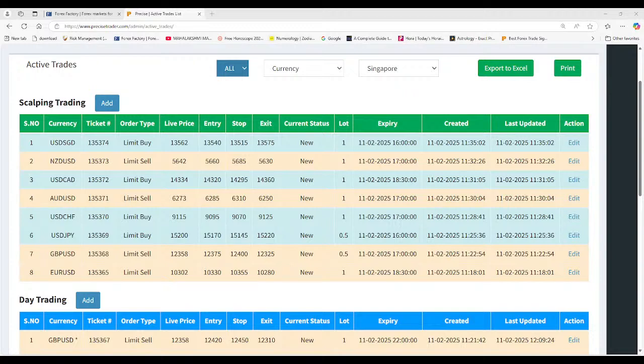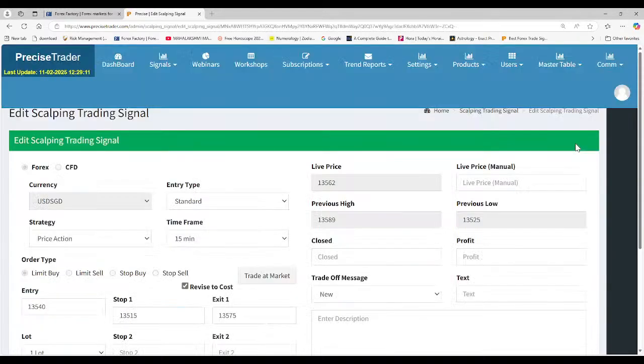Okay, we have given a buy at 135.40 and exit at 135.75. So what we can do is slightly raise it to 135.45 and stop at 135.25, and the TP we can exit at 135.80.